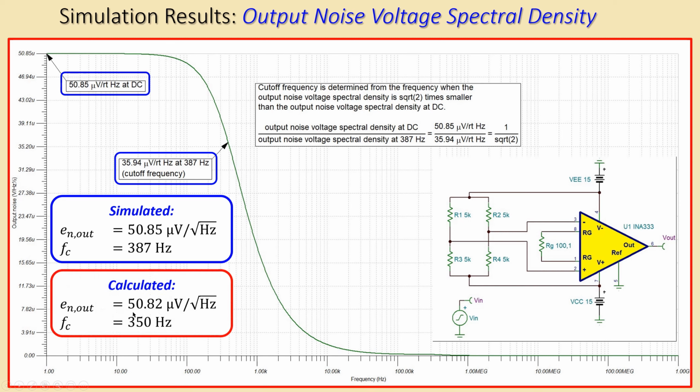We have calculated the output referred noise voltage spectral density was 50.82 microvolts RMS, so very close to what we have here, but the bandwidth is a little bit lower in our calculation, and the simulation will give you a larger value. Why is this the case?